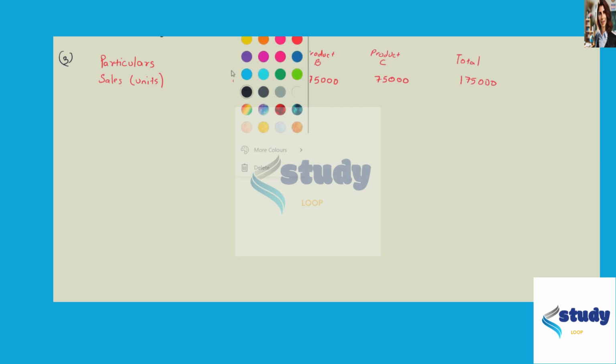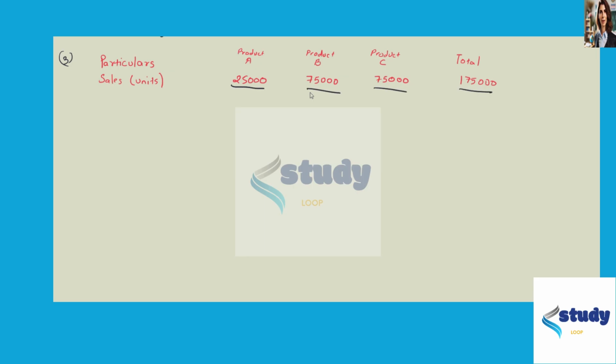So earlier the calculation that we have done, we will be moving similarly. Now this is the total contribution. So contribution per unit will be the same. $5 for product A, $4 for product B, and $3 for product C. So total contribution, what we will be doing?